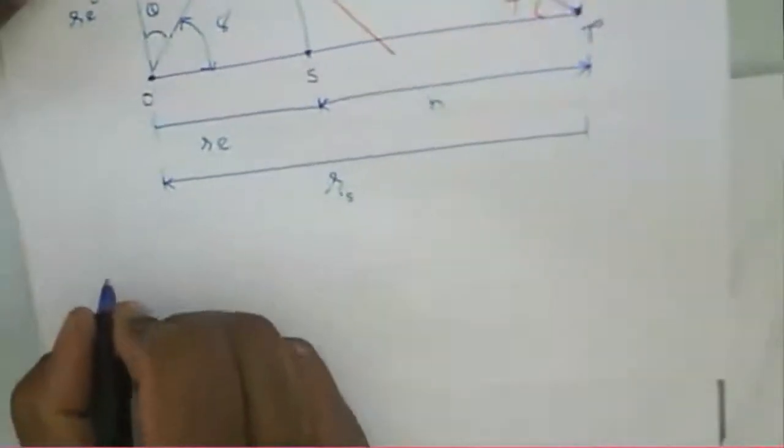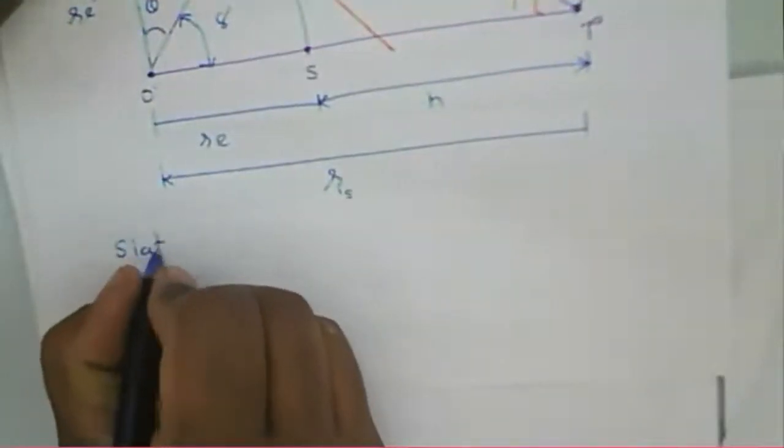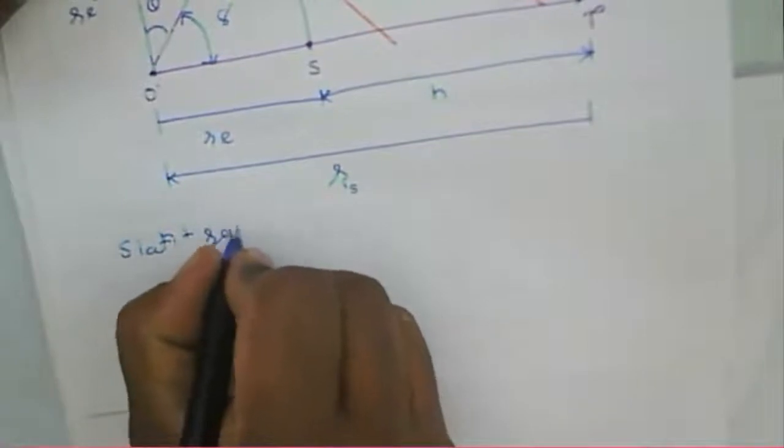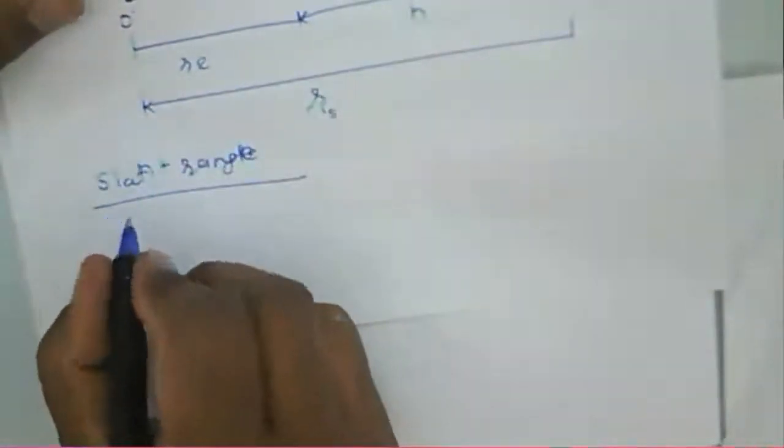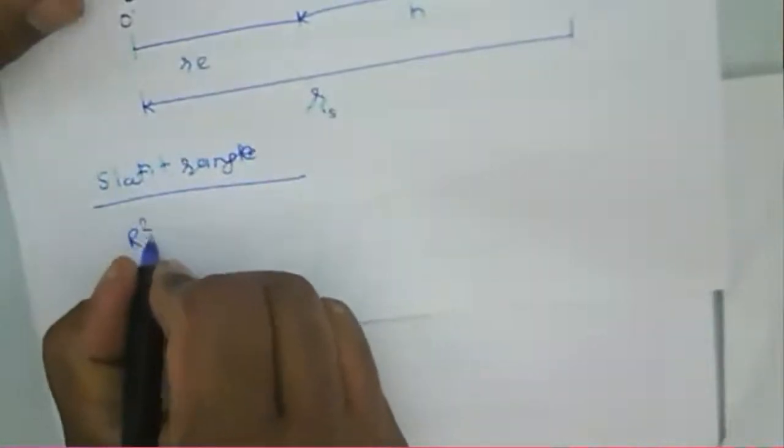So we can find out the slant range using the cosine law for that particular triangle.